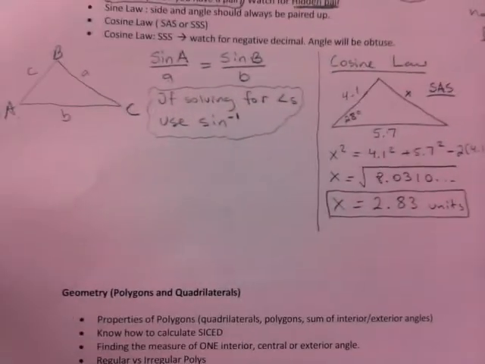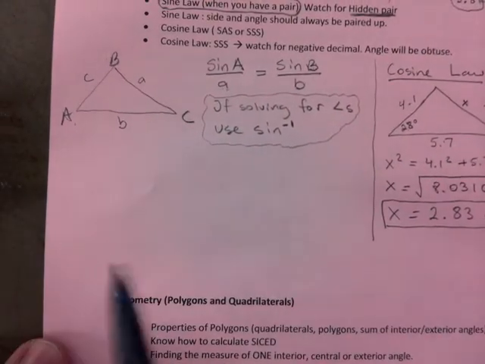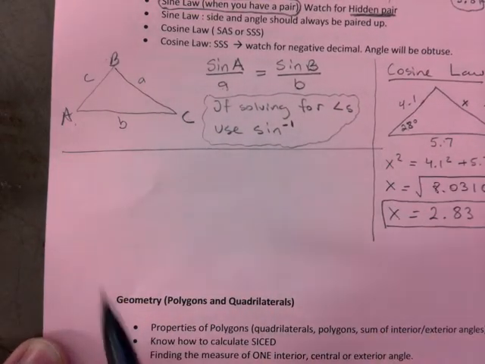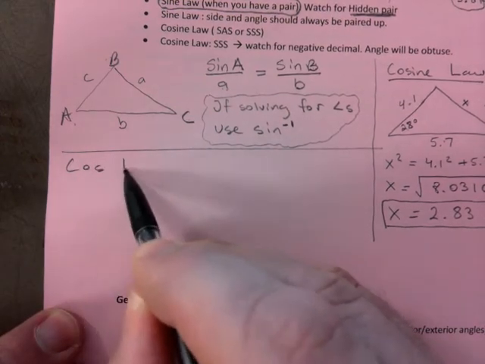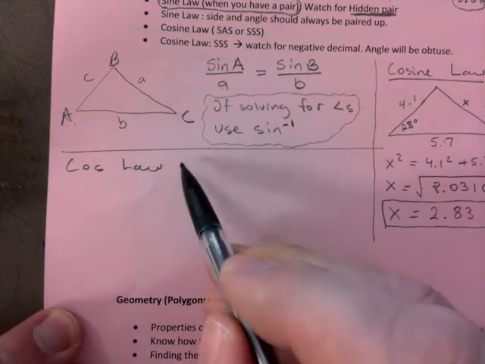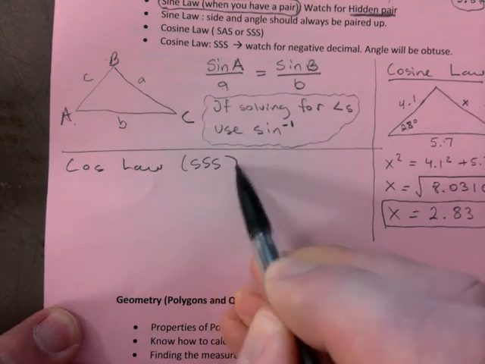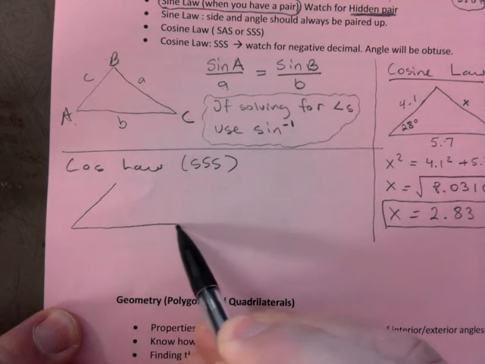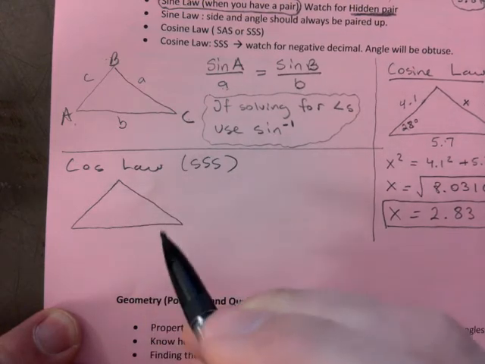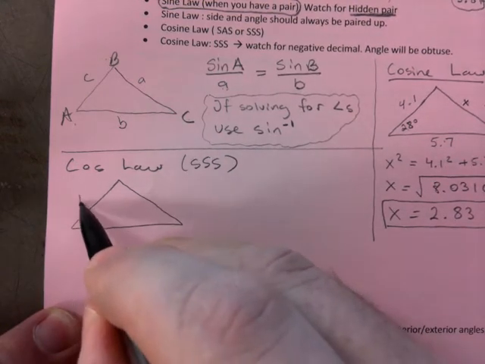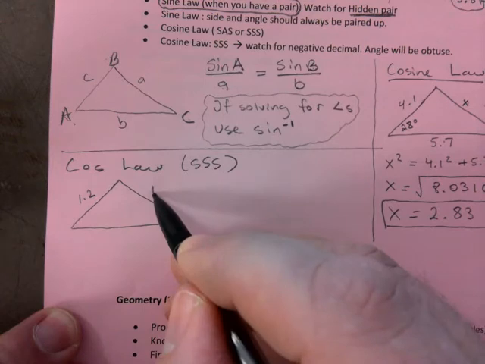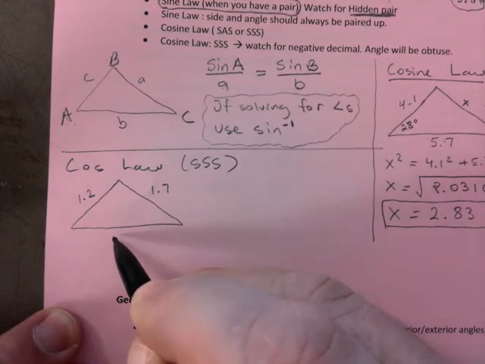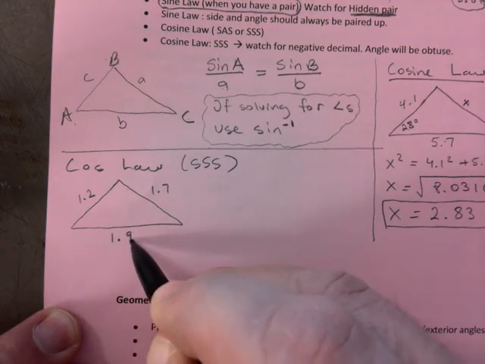Next, this is the second scenario for cosine law, where all three sides are given to you. So let's go 1.2, 1.7, and this is 1.9.